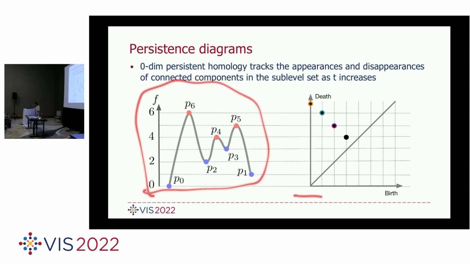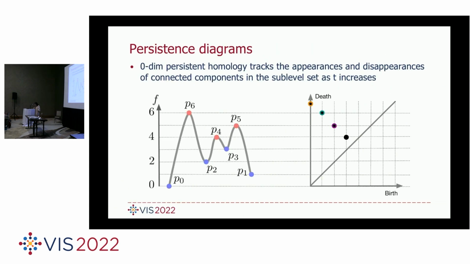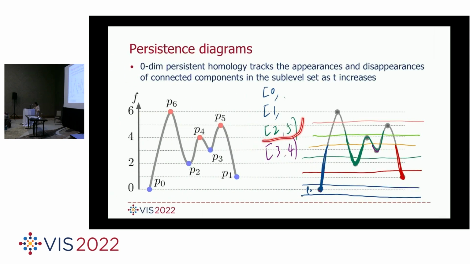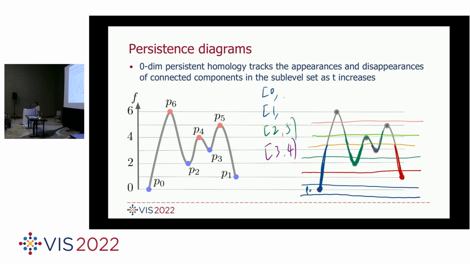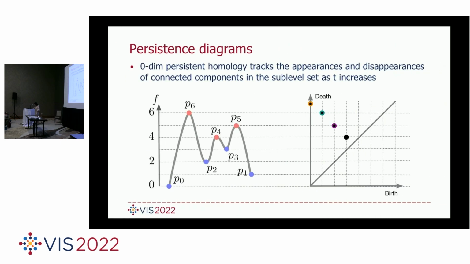On the right-hand side is the zero-dimensional persistent diagram. Remember I said there is a pair between 3 and 4, a component born at time 3 and disappearing at time 4, and that corresponds to this black point in my persistent diagram. And I also have a component born at time 2 and disappearing at time 5, and that corresponds to this purple point right here, and so on and so forth.